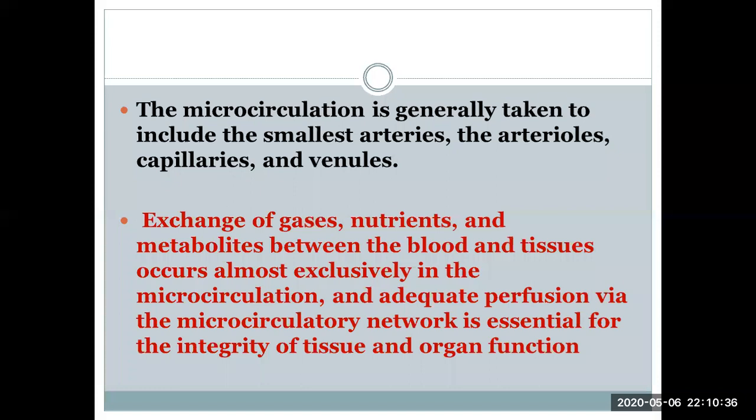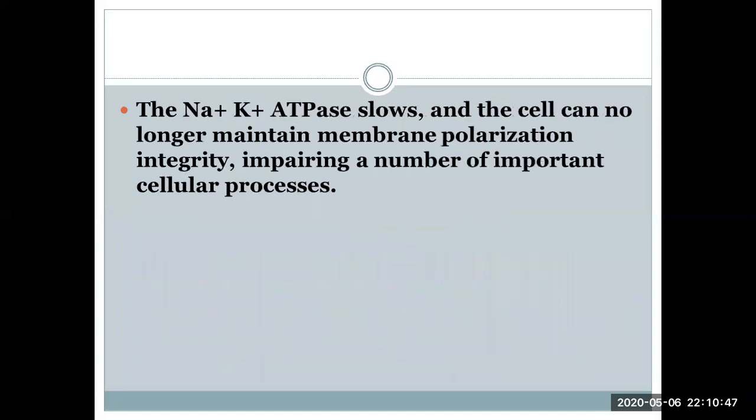Okay, that's why when we evaluate a patient with potential septic shock, we depend on a clinical assessment of perfusion and capillary filling time. Keep this in mind. The sodium potassium ATPase slows, and the cell can no longer maintain membrane polarization integrity, impairing a number of important cellular processes.